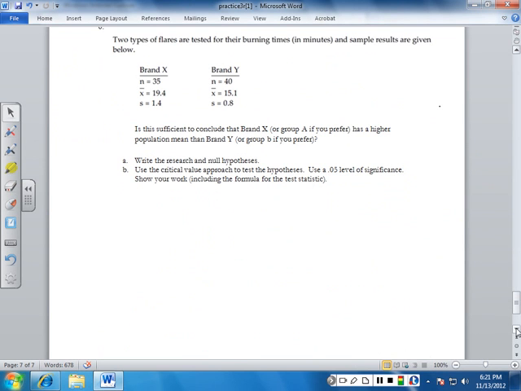Okay, so now we have two brands of flares, and we're looking how long they burn. What kind of test? Two-sample t-test. There's two samples, and since we have standard deviations from sample, S's, it's t.